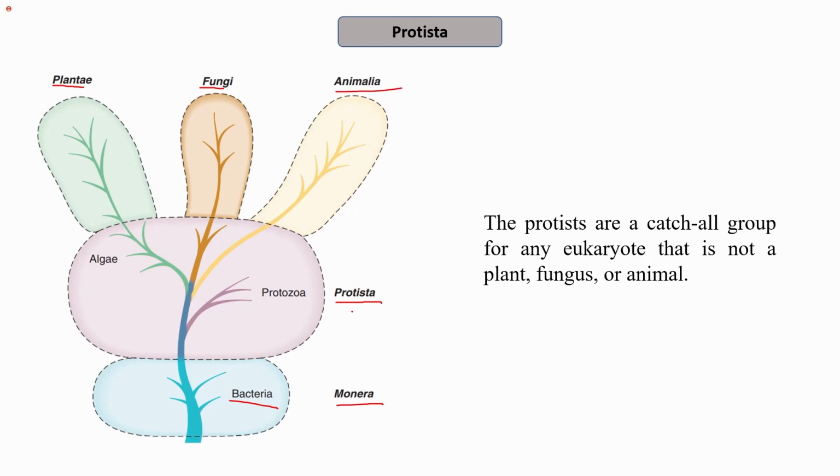So kingdom Protista is the first kingdom of eukaryotic cells that were defined after kingdom Monera. It includes algae and protozoans, and we will learn in detail about kingdom Protista today.